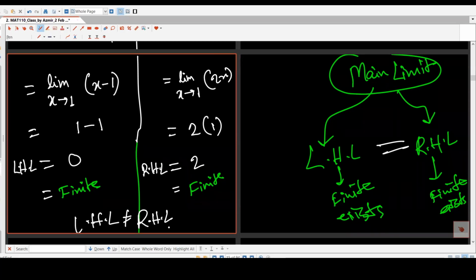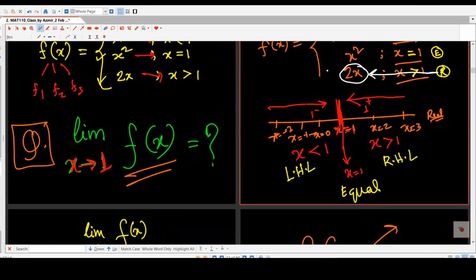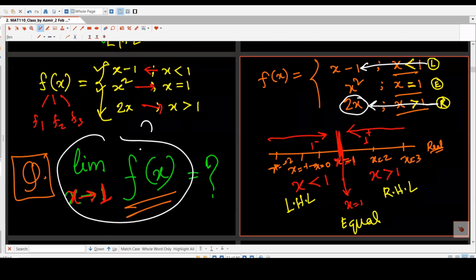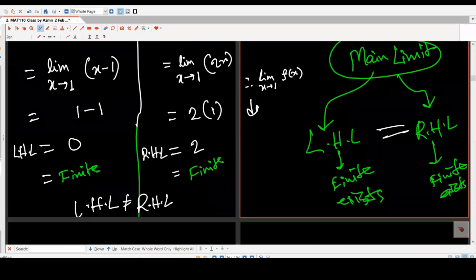So we can conclude that the limit as x tends to 1 of the main function, the problem that was given earlier, where f of x has these 3 parts, this main limit does not exist.